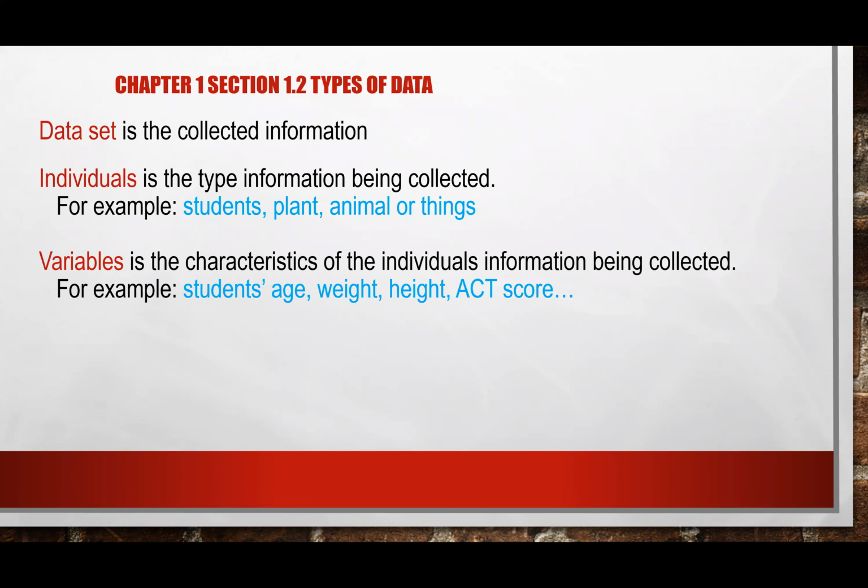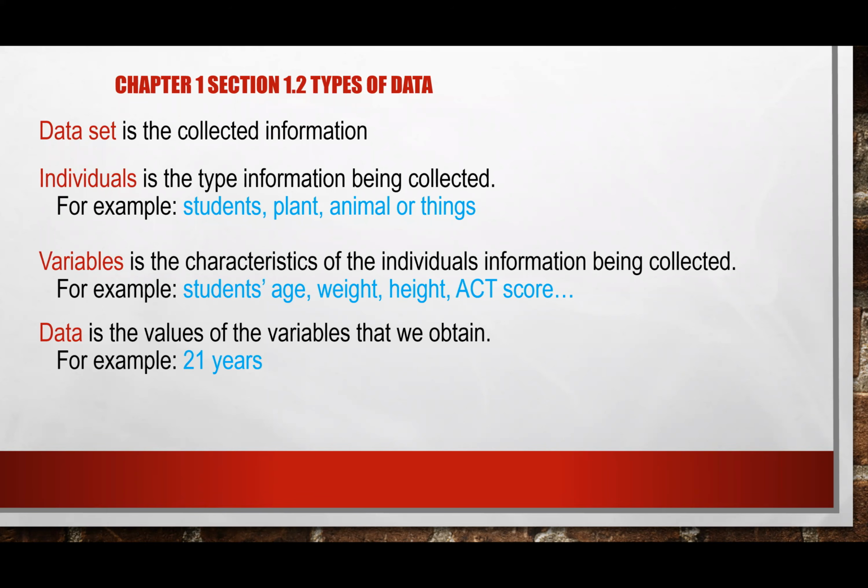And the last item inside the variable is the actual data, which is the actual value of the variable for the individual. For instance, the student age can be 25, 21, 25, 30. Those are my data. That data relates to the student age, which is the variable, and the variable relates to the individual, which is the student.